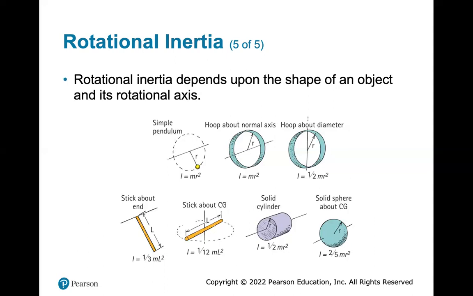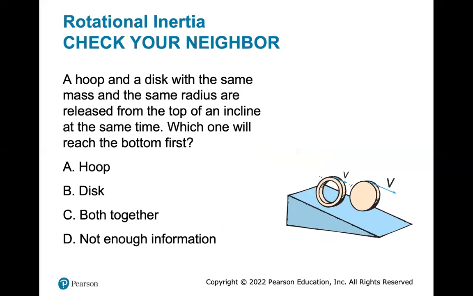So you can see that the rotational inertia depends on the weight distribution. Okay, you don't have to commit those to memory or anything. If I give it to you on a homework or a quiz, I'll provide you with the necessary formula for the rotational inertia.